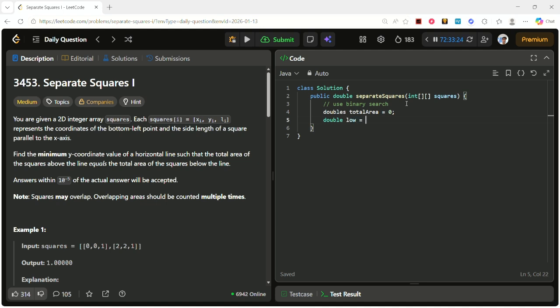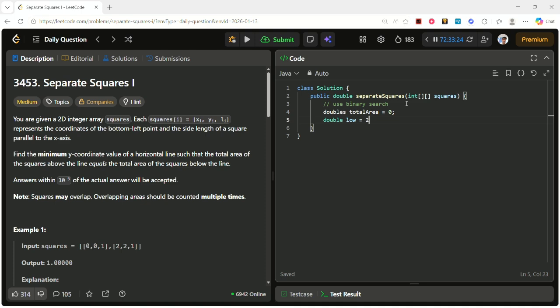Then step 2, pick a midpoint and calculate the area of all squares below mid.